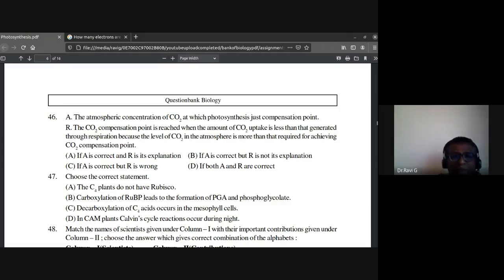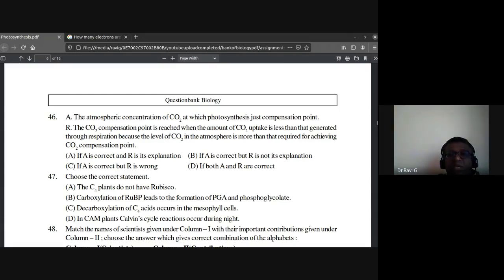The atmospheric concentration of carbon dioxide at which photosynthesis is just compensation point. The carbon dioxide compensation point is reached when the amount of carbon dioxide uptake is less than that generated through respiration, because the level of carbon dioxide in the atmosphere is more than that required.